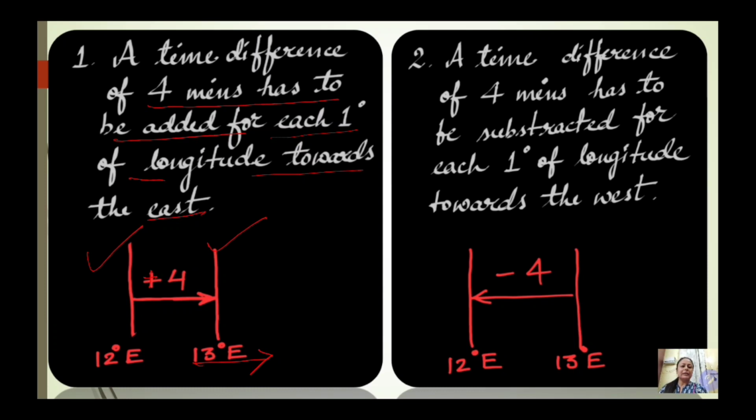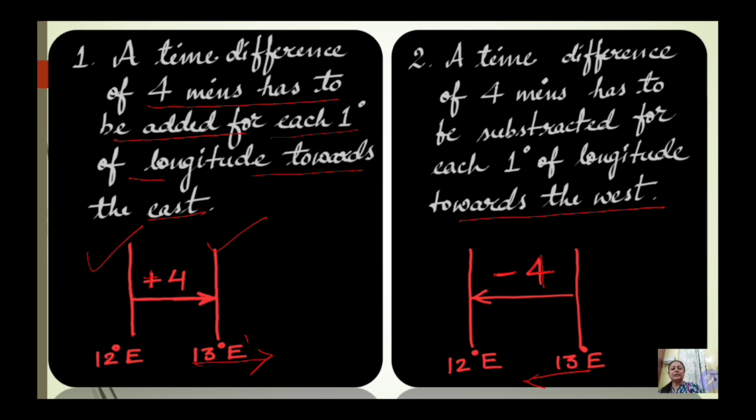And if the time difference is to be calculated towards the west, then we will subtract 4 minutes. So this means that if we are moving westward, then they are behind in time. So 4 minutes will be subtracted from one longitude to another.